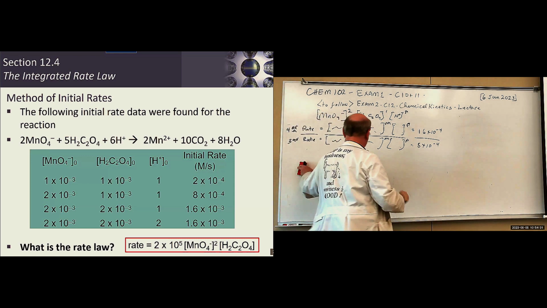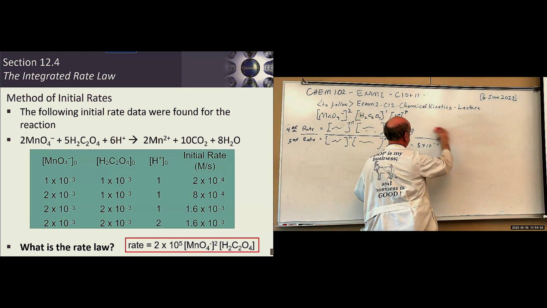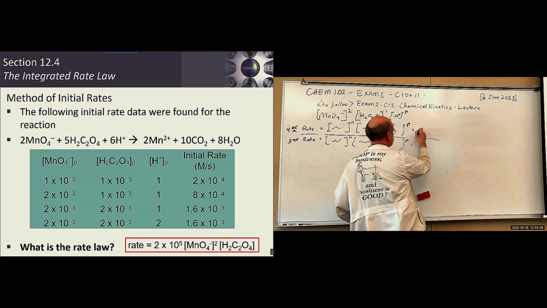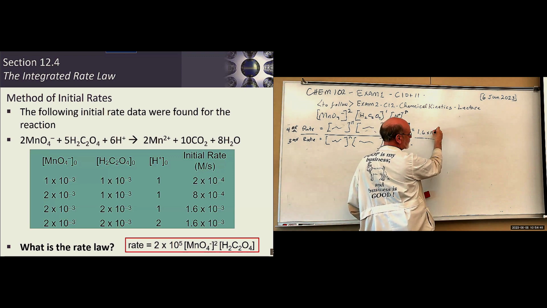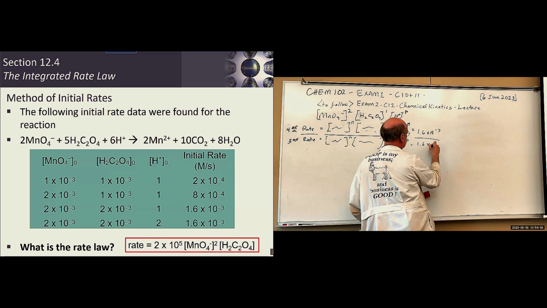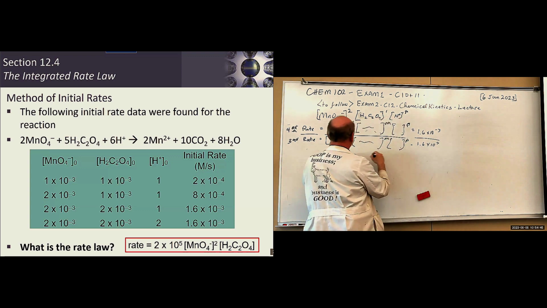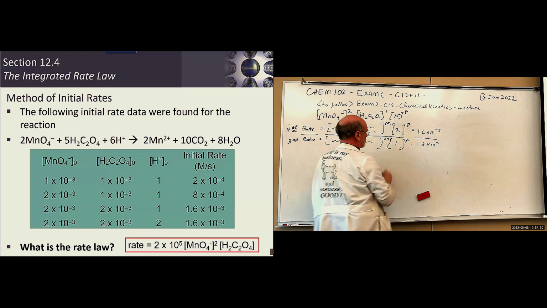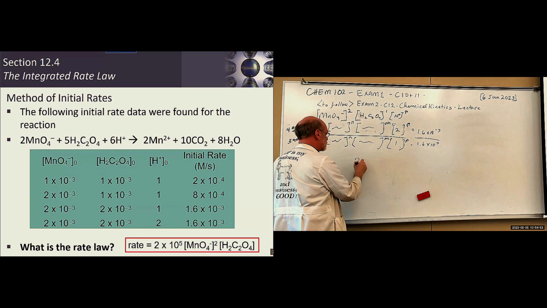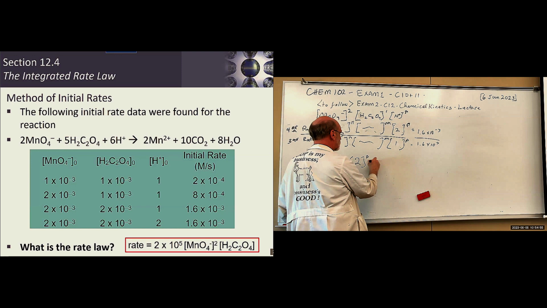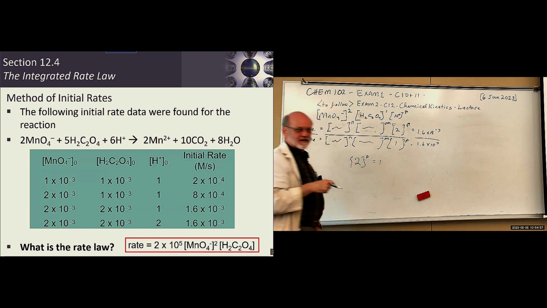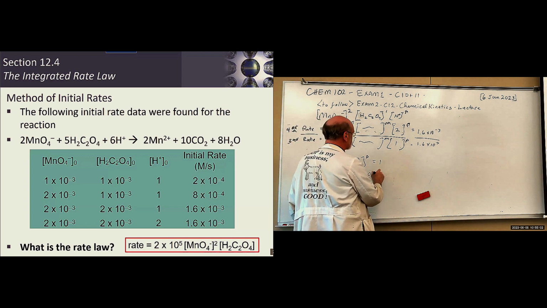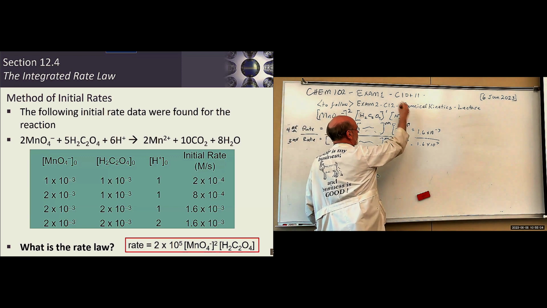So the 4th one, actually, these are going to change also. So the 4th one would be 1.6 times 10 to the minus 3, and this one would be 2 and 1. So this would be 2 to the p power equals 1. So what power of any number gives you 1? Yeah, 0. P equals 0. So now we know that p is 0.